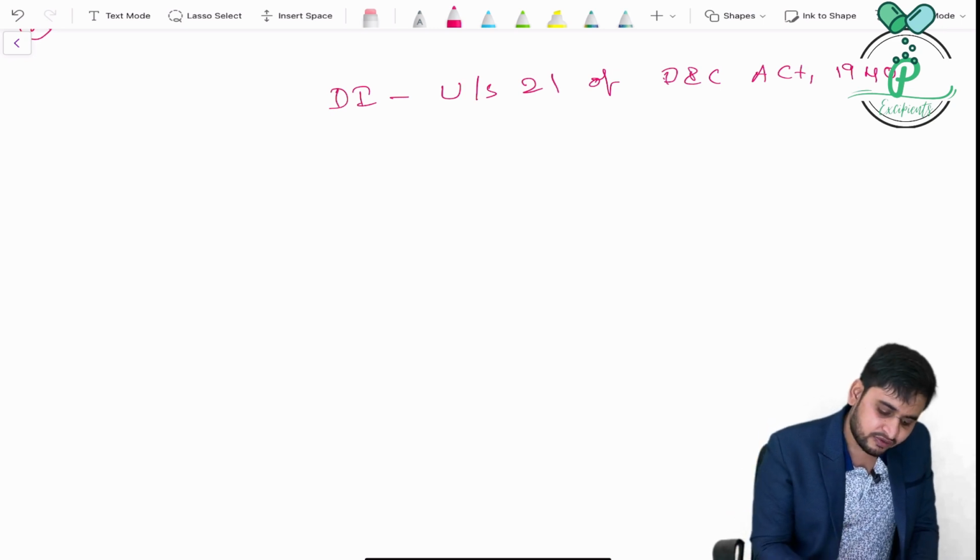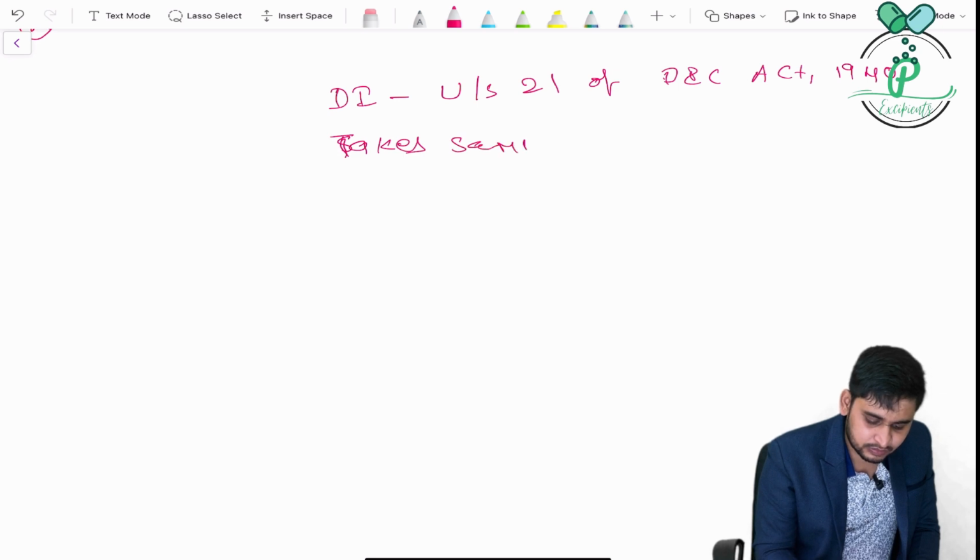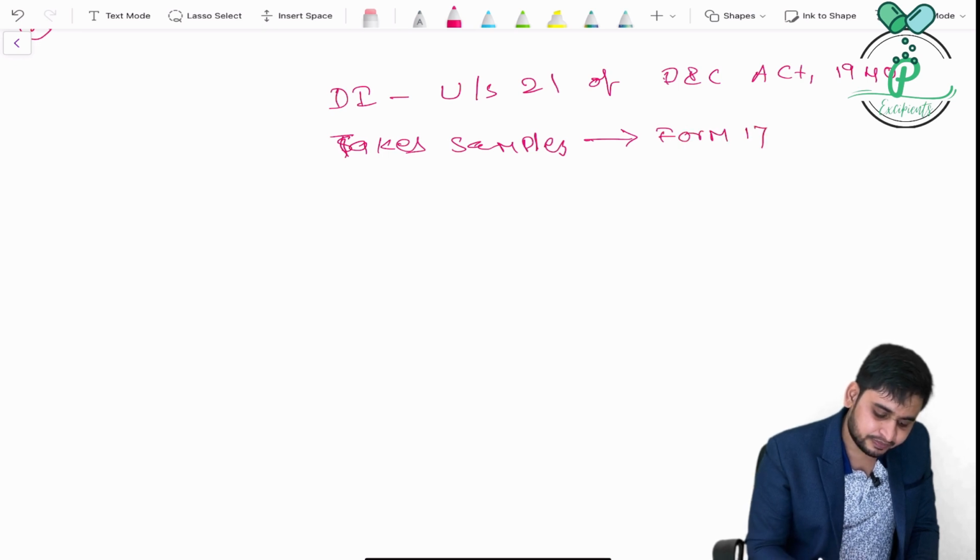The drug inspector takes the sample on Form 17, and after taking the sample, sends it to the government analyst in Form 18.